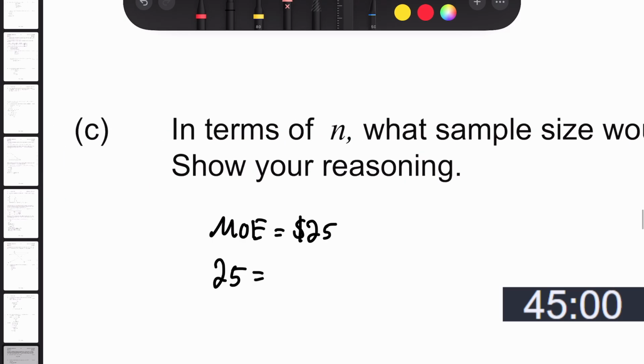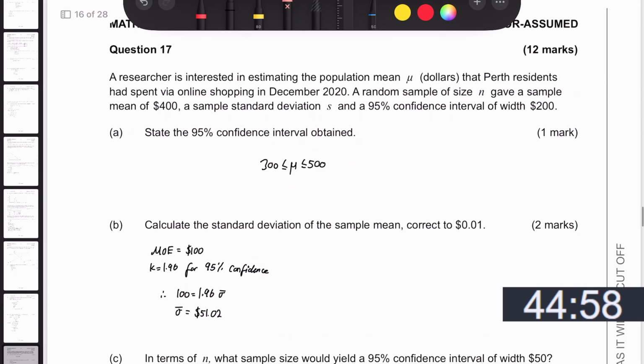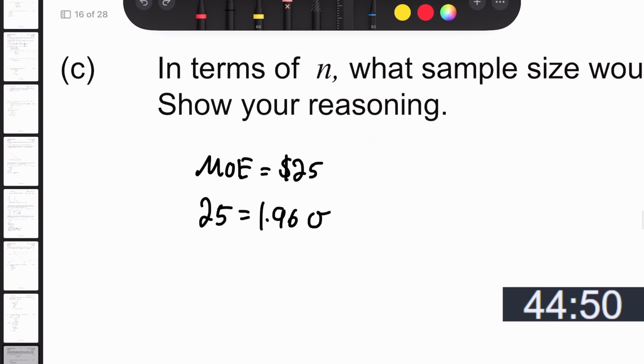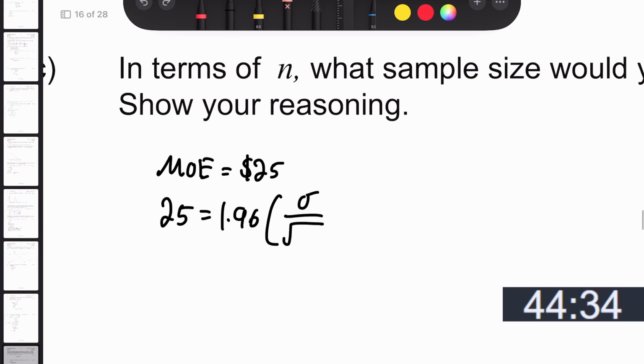So 25 is going to equal 1.96 times lambda on square root of n1, how should I do this?